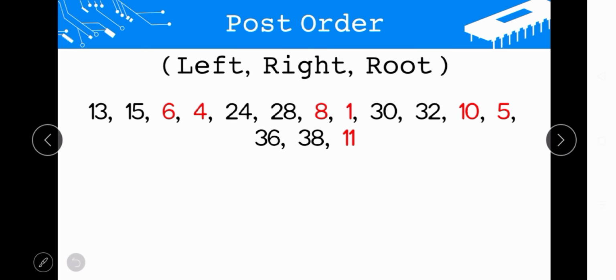The final output would be 13, 15, 6, 4, 28, and 8 as per the left side. As per the right, it should be 30, 32, 10, 5, 36, 38, and 11.